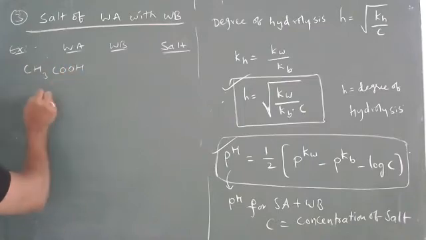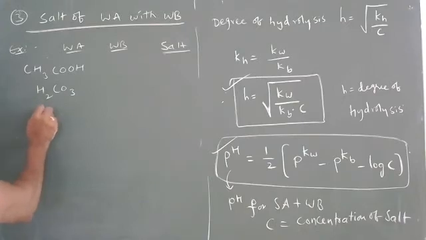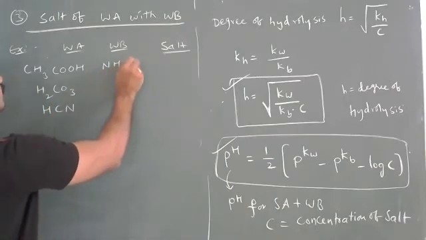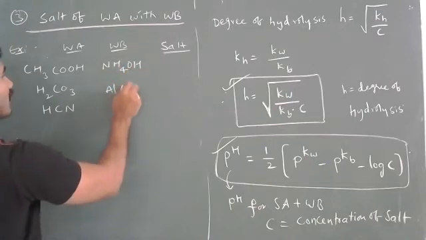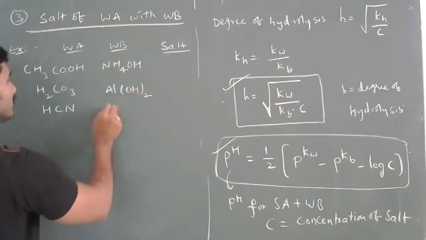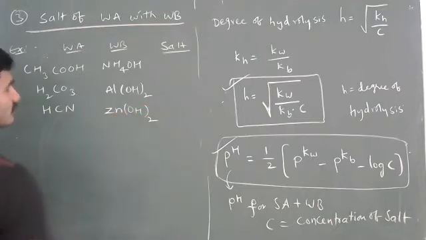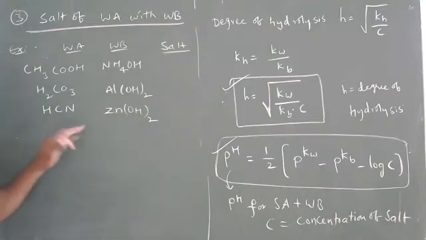CH3COOH is a weak acid, H2CO3 is a weak acid, HCN is a weak acid. Weak bases: ammonium hydroxide, aluminum hydroxide, zinc hydroxide. So we can take different types of weak acids and weak bases.